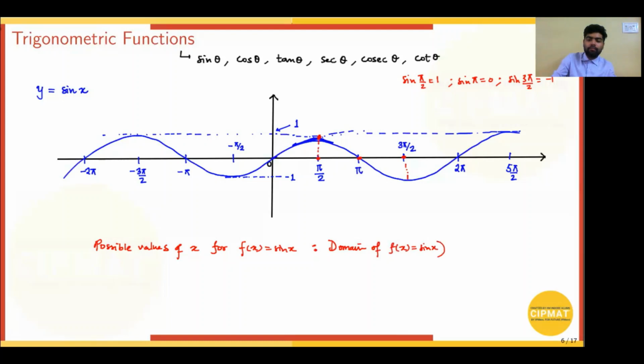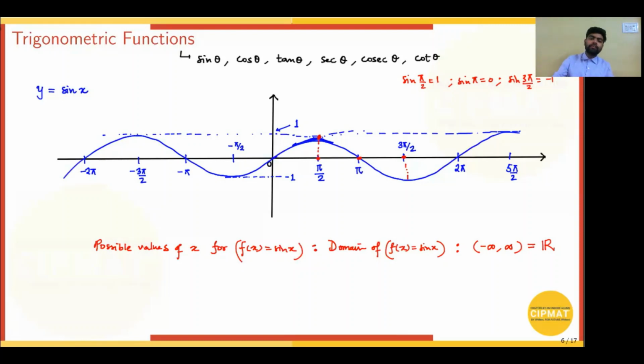Clearly, I can see that the x-axis extends from minus infinity to plus infinity. Hence, the domain is from minus infinity to plus infinity with an open interval, or you can also refer to this as the real number line, or you can denote it as R.